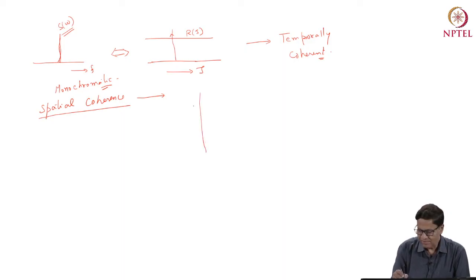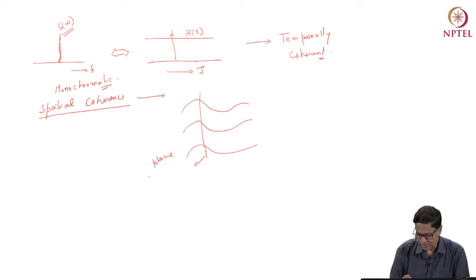So if I have a waveform which is something like this, I'm seeing in spatial domain, and this is a plane which is plane perpendicular to direction of propagation. And this is separated by, say, lambda wavelength.